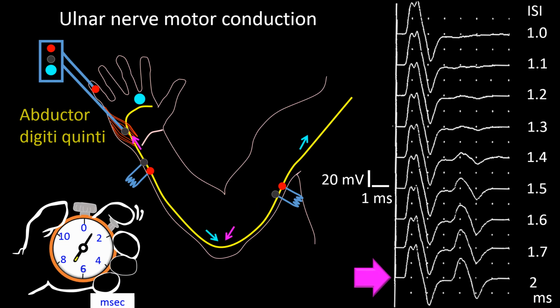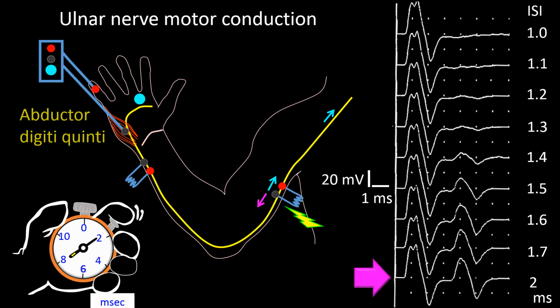The wrist and axillary waves collide at the elbow, canceling each other out and producing a block. But the second axillary stimulation is now given 2 milliseconds after.